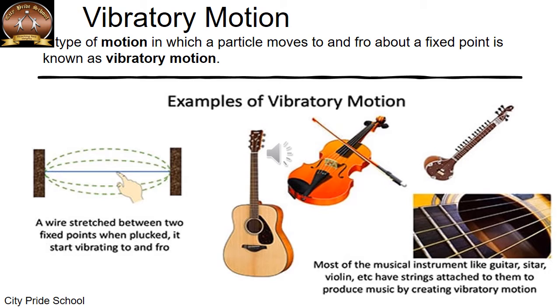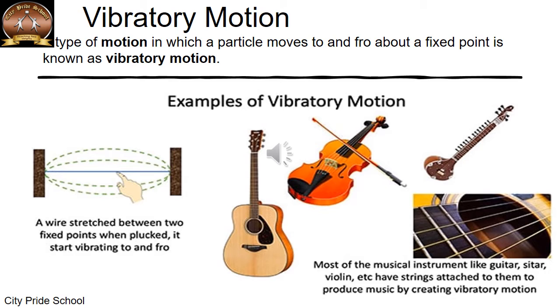Now, oscillatory motion and vibratory motion are similar. The only difference is that in oscillatory motion, the motion is slow. But if the oscillation becomes very fast, then it becomes vibratory motion. For example, in many musical instruments there are wires and we pluck the wire while playing, right?